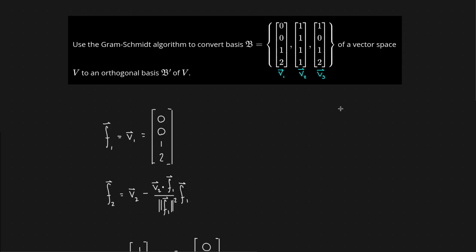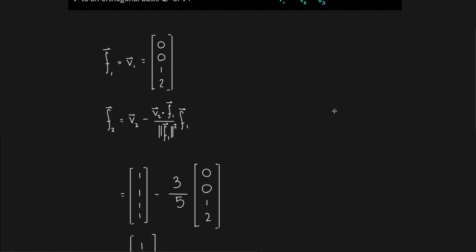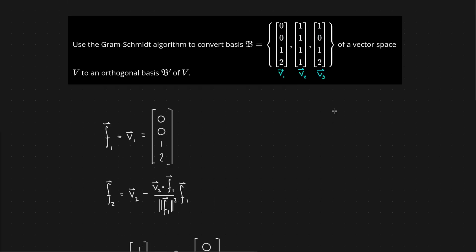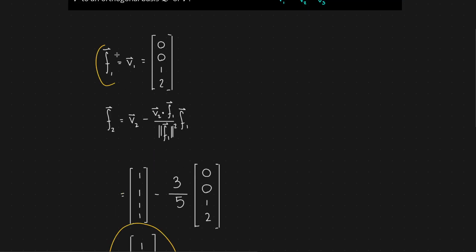Now, before I do that, I do want to point out the main point of the Gram-Schmidt algorithm is to get a basis that is orthogonal. If we scale a vector, it doesn't change direction, it just changes its magnitude. If I multiply this vector by a scalar, it will still be orthogonal to F1 and it will still span the same space.